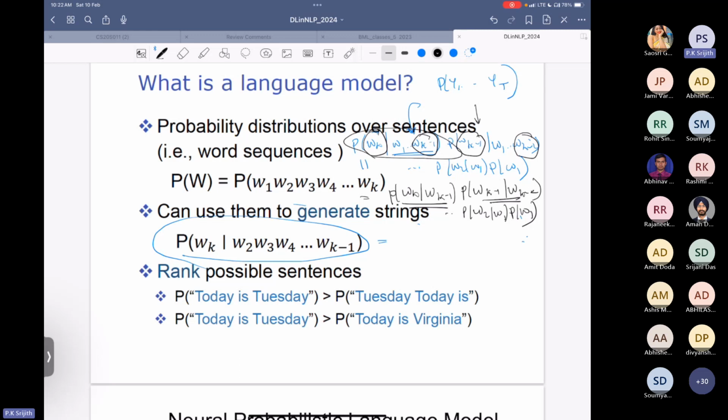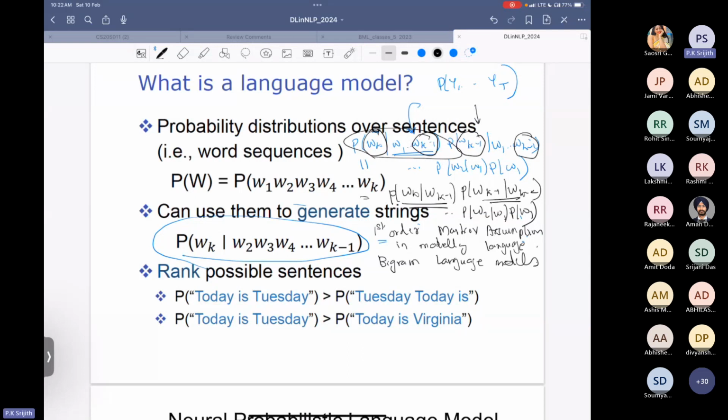Okay, so these kinds of models, which make this first order Markov assumption in modeling this language, are generally known as bigram language models.